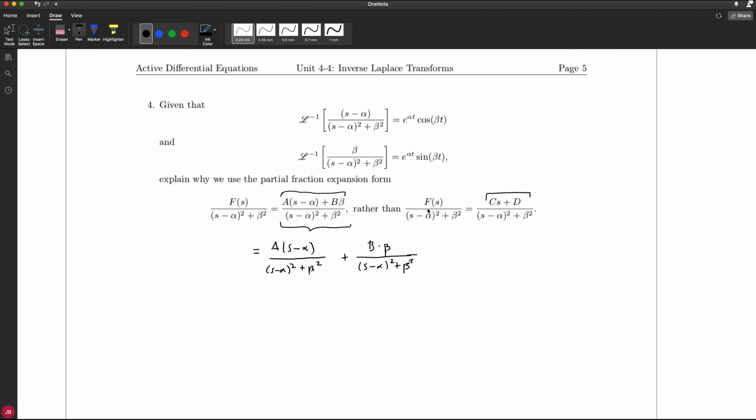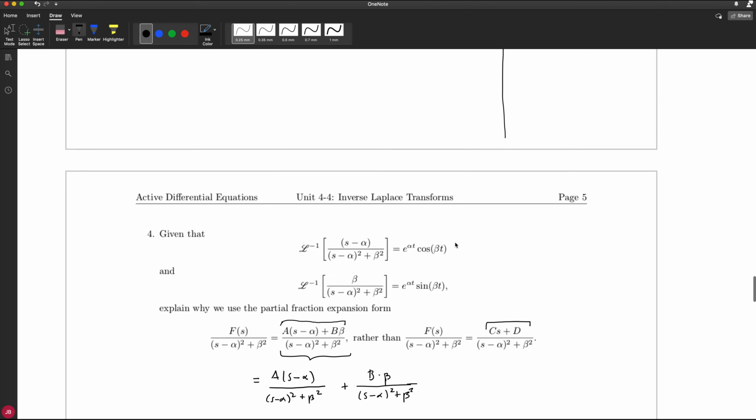This is an important observation to make. It's important to write the numerator in this form here because when you split it up, each of these is their respective either e to the alpha t cos identity or e to the alpha t sine identity, right? But this idea extends even further than that. It extends to this new expression we have here.